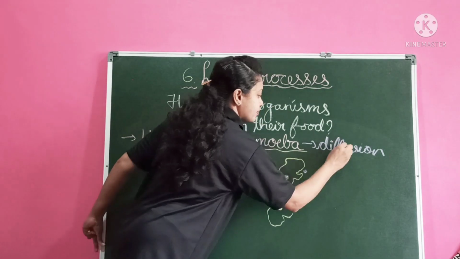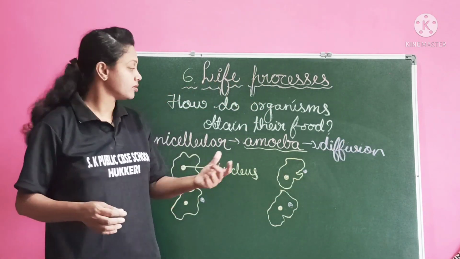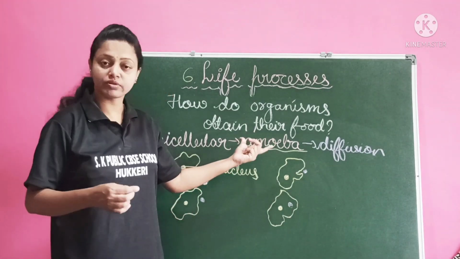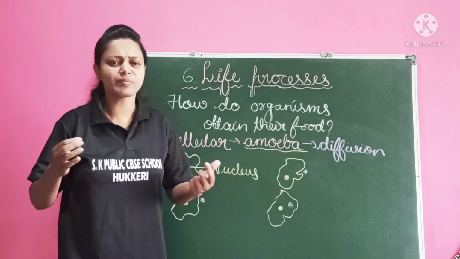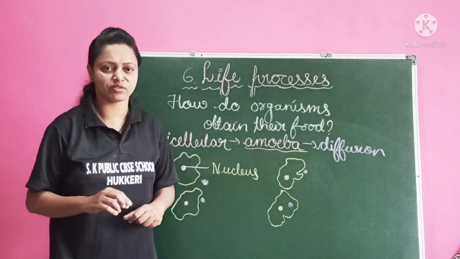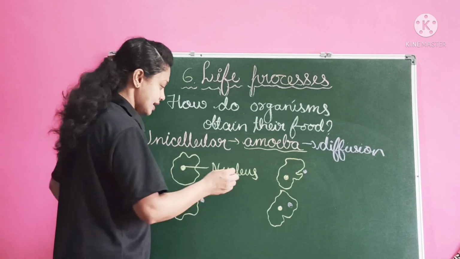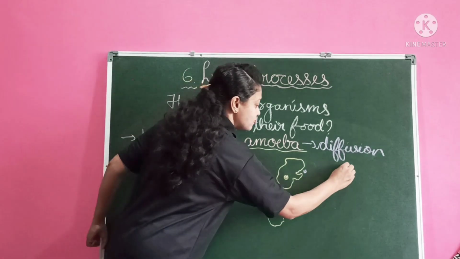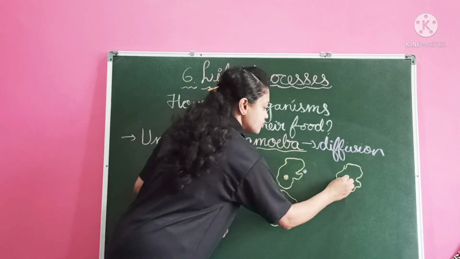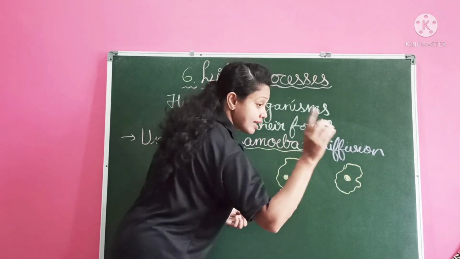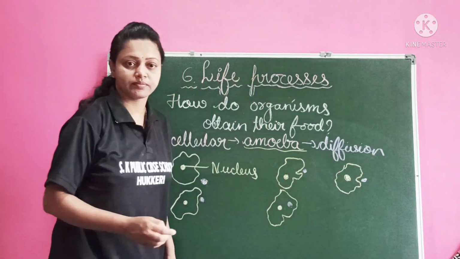Digestion of the food takes place through the diffusion method of simple substances, in the cytoplasm. Now, the undigested food of the amoeba is thrown out through the same cell membrane.